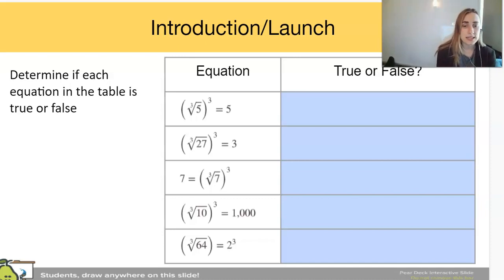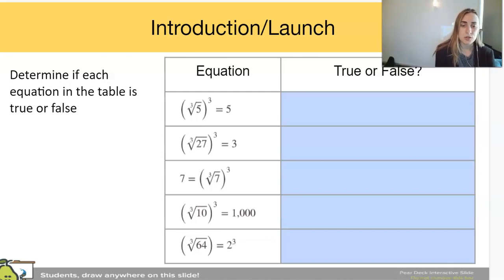So I'm going to read this as the cube root of 5 to the third power, but pay attention to where our parentheses are, because that shows us exactly what the base is that's being raised to the third power. So our first equation is the cube root of 5 to the third power equals 5.